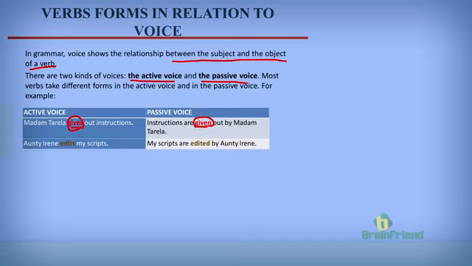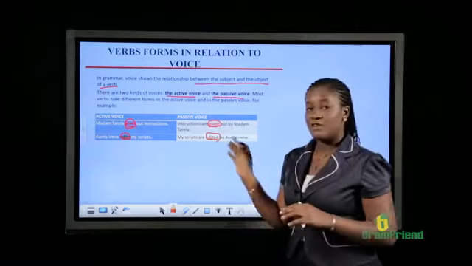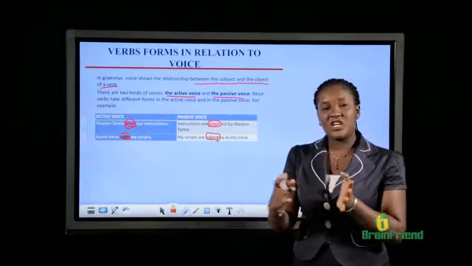Same thing with the second sentence. Auntie Irene edits my scripts. In passive voice, it would be, my scripts are edited by Auntie Irene. The verb edits here also changed to past tense in the passive voice. So verbs change like that.